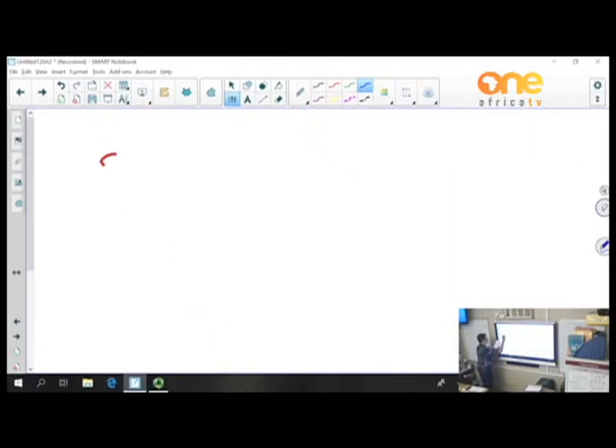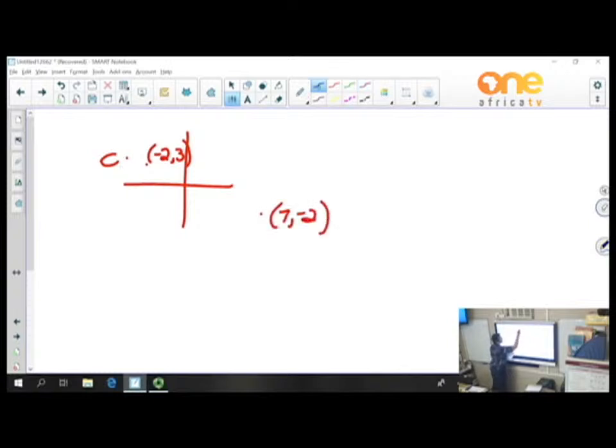Right, so the next one is now number C. Still working with the length. Draw the picture there. So it is negative 2, 3, which is almost there. Negative 2, 3. And the second one is then 7, negative 2. So there's your point, 7, negative 2. This is the line that you want to calculate.